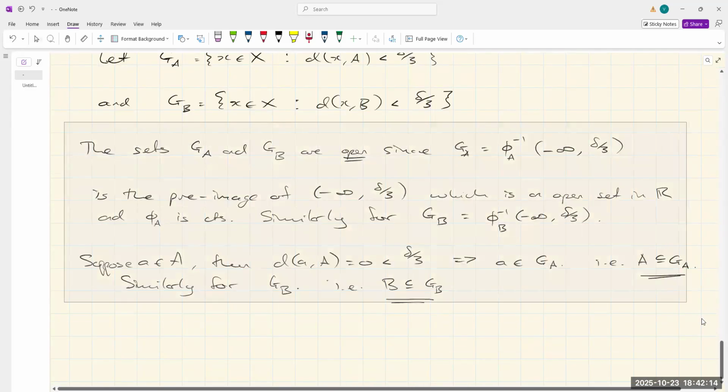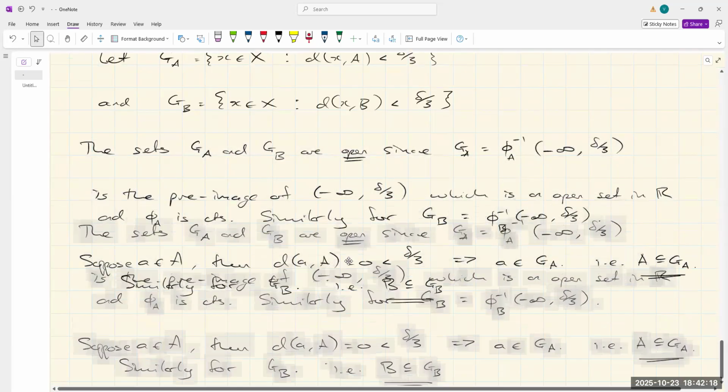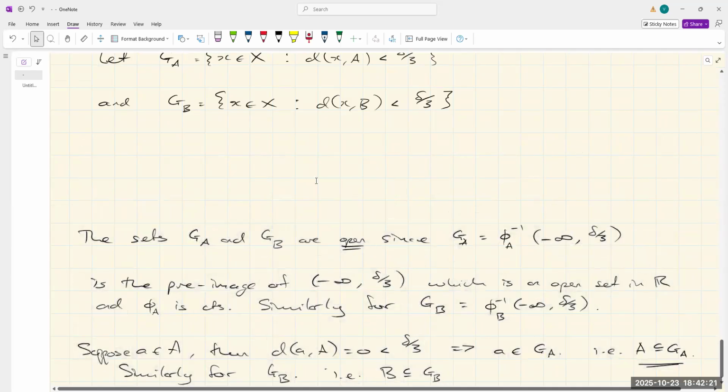To make this easier to read later on, let me outline over here where we're heading.